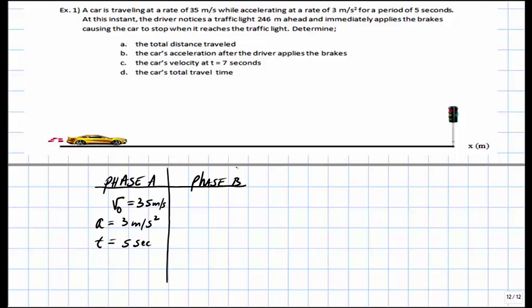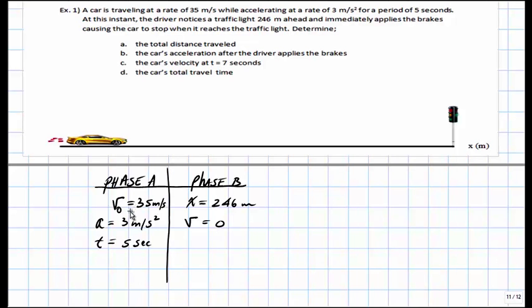That's a distance of 246 meters, and distance is denoted by x within our equations. So x equals 246 meters within phase B. And the brakes apparently cause the car to stop when it reaches the traffic light. When it stops, its final velocity in phase B equals 0, and final velocity is noted as V.